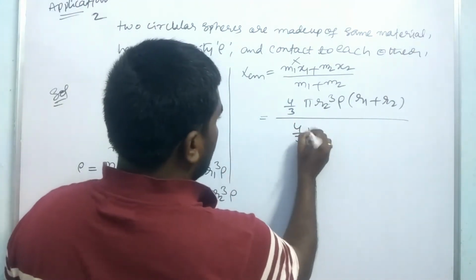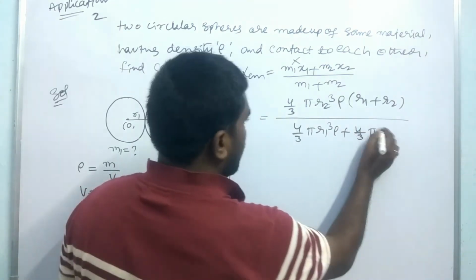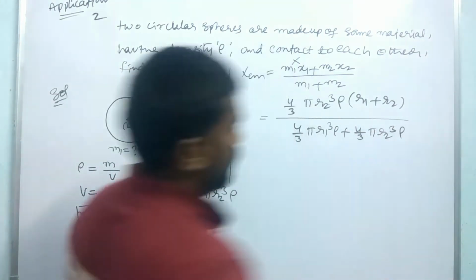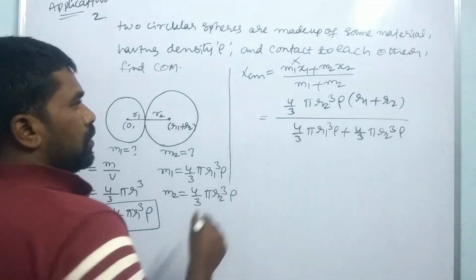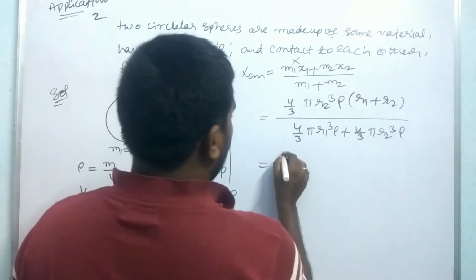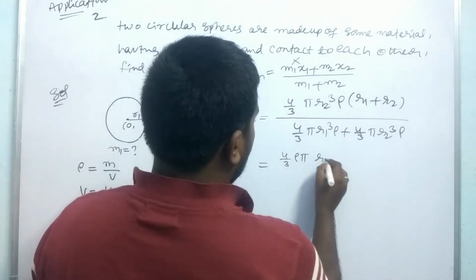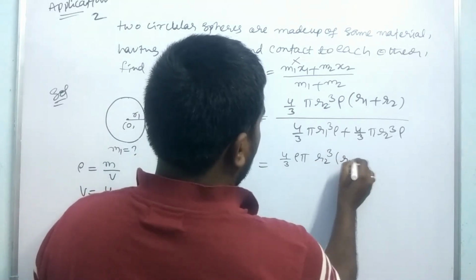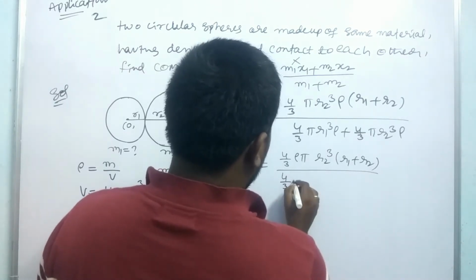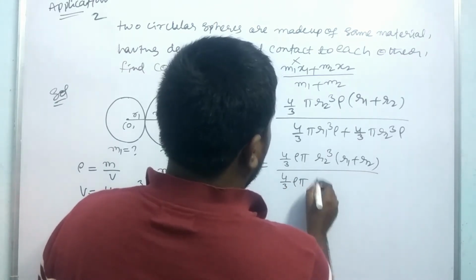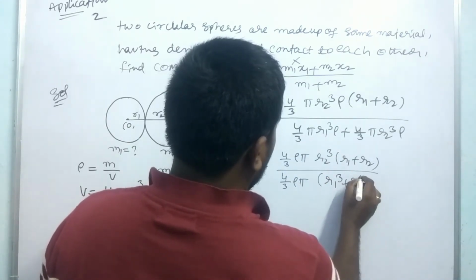4 by 3 pi r1 cube rho plus 4 by 3 pi r2 cube rho, which is common here, 4 by 3 pi rho. So here it is 4 by 3 pi rho into r2 cube, r1 plus r2, by 4 by 3 rho pi, r1 cube plus r2 cube is the common.